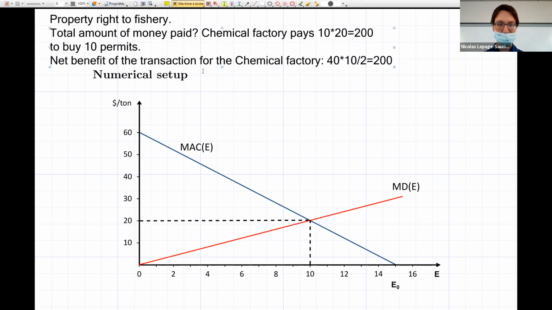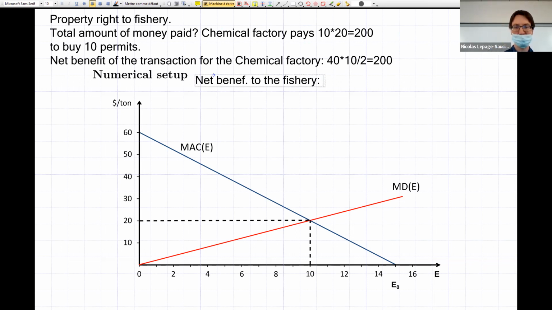And now we must know what my next question is. So the net benefit to the fishery. Yes, exactly, 100. Here the fishery receives a big amount of money, so they're very happy.